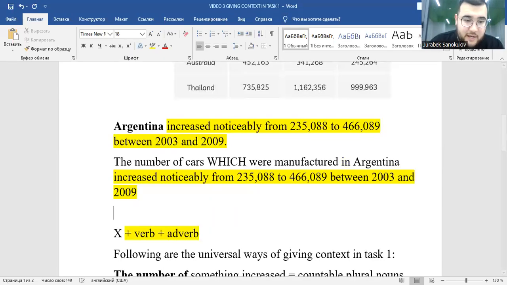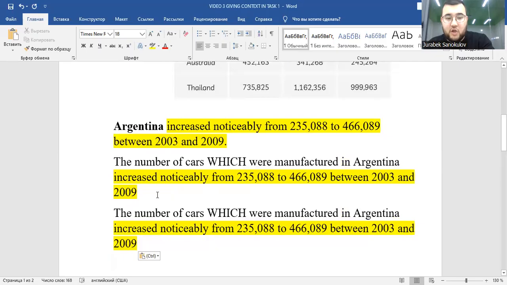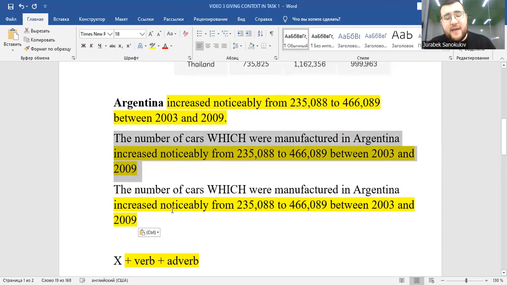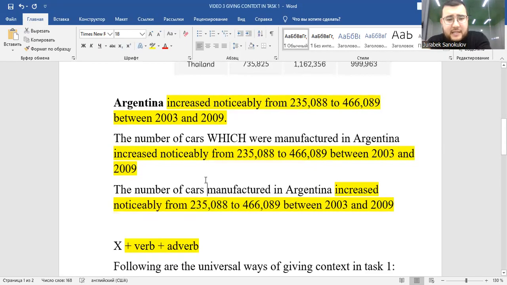Now I'm going to talk about another thing. If you have learned this sentence structure, now we can talk about a more advanced way of saying this. Not advanced, just a different way, let's just say. When you're talking about things and the action is in a passive tense like this, which were manufactured, you can basically erase this.